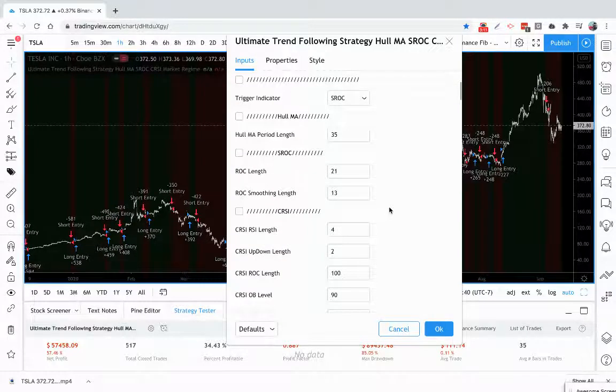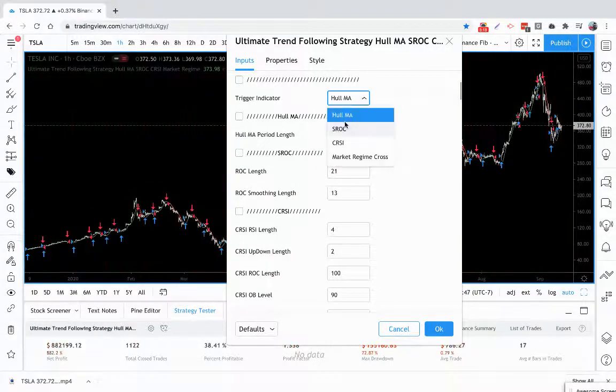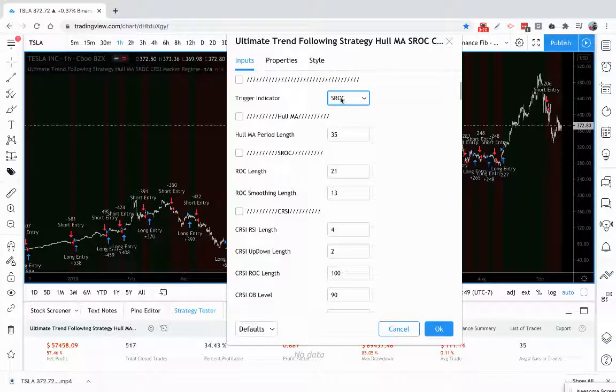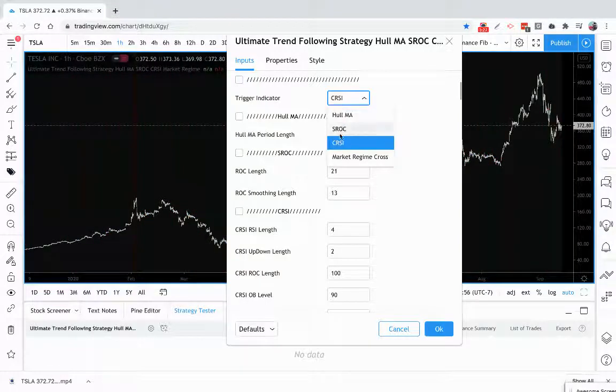You're also going to see these default settings here. This Hull MA period length is only for the Hull moving average, so this will not affect standard rate of change or Connors RSI. Doesn't affect either of those.